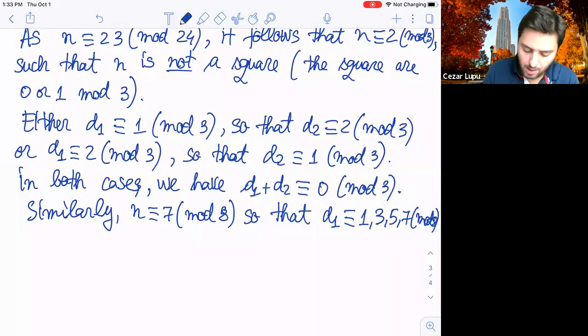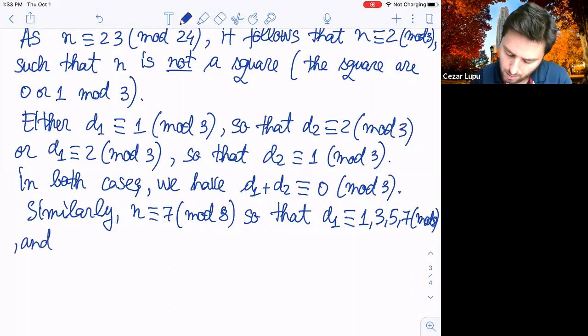Okay? Wait, let me think a bit. So I have D1 congruent to 1, 3, 7 mod 8.